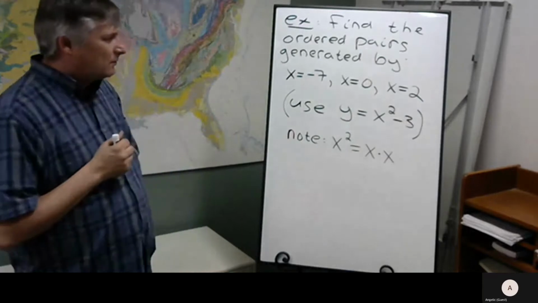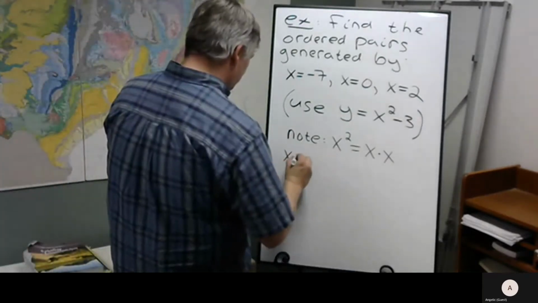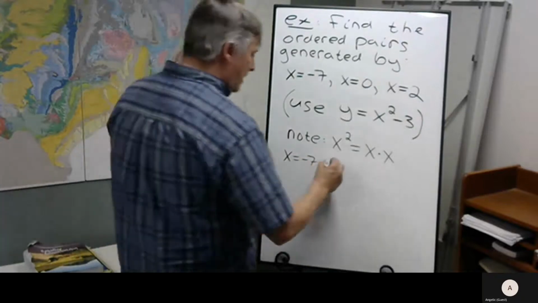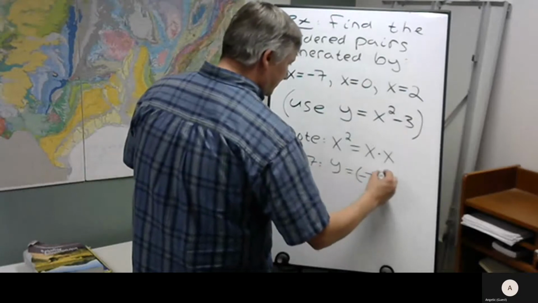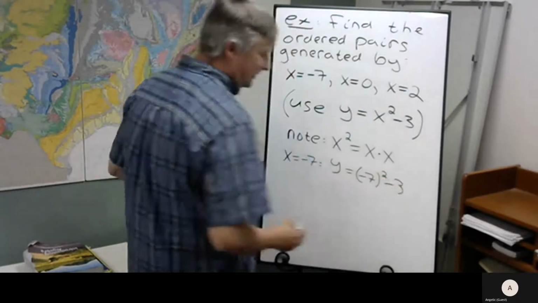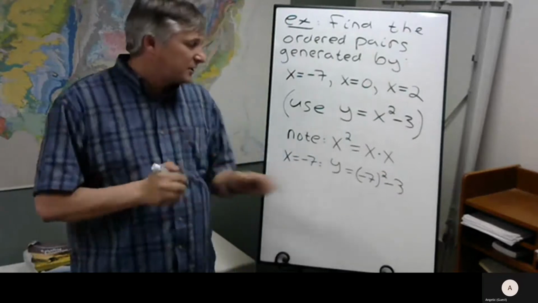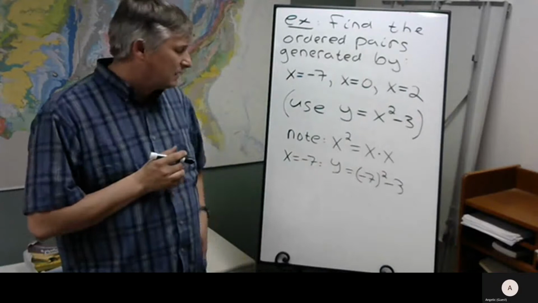Now, for x is -7, well, y will be -7 squared minus 3. So we're going to replace the x with -7. We're going to discover what y is. So y is just going to be y for now.